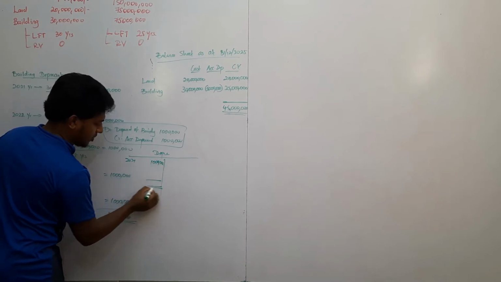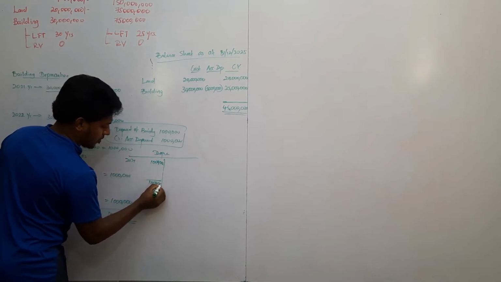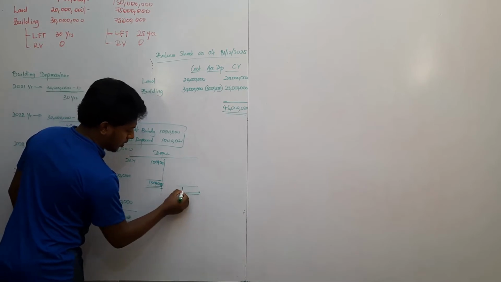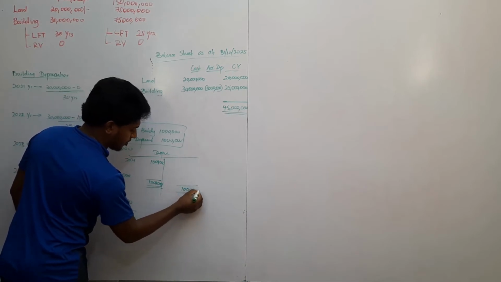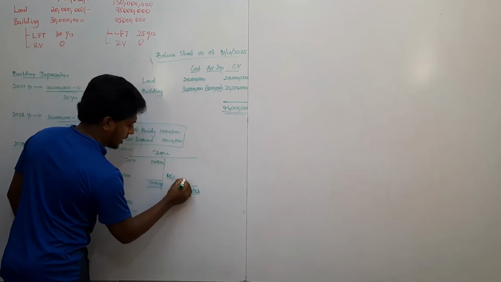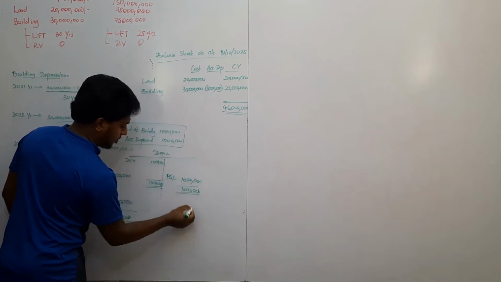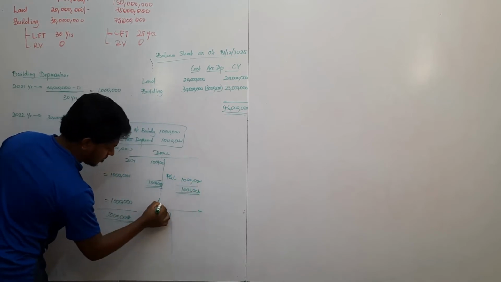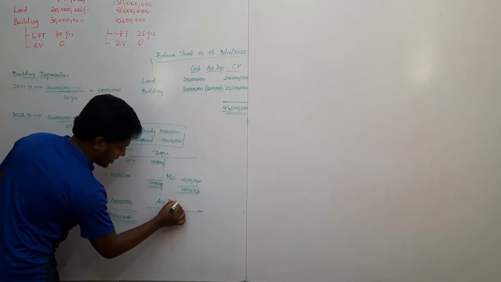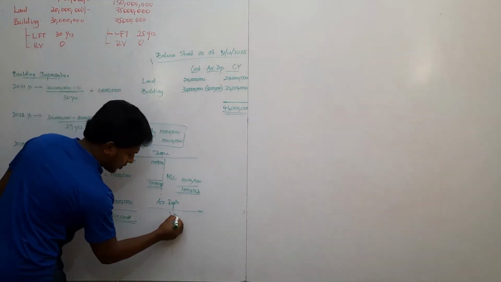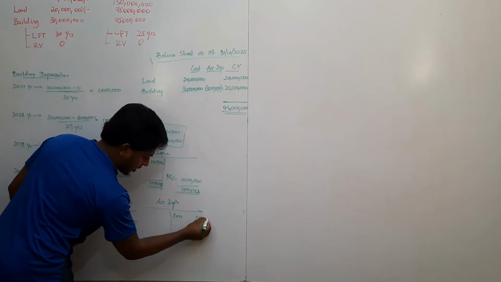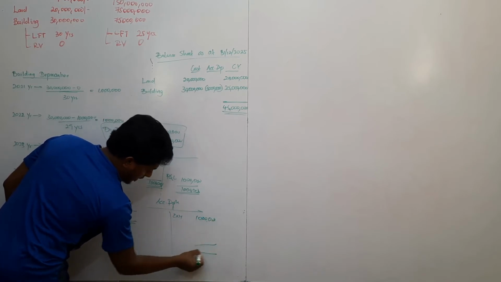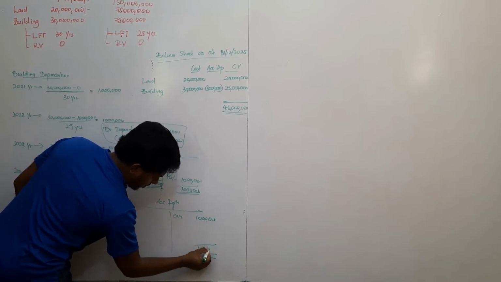This 1 million will be transferred to P&L, but the accumulated depreciation is brought forward.